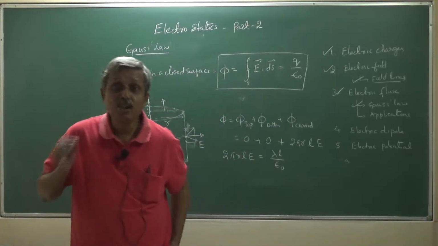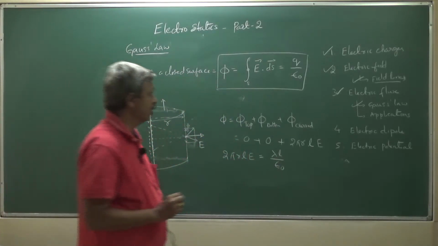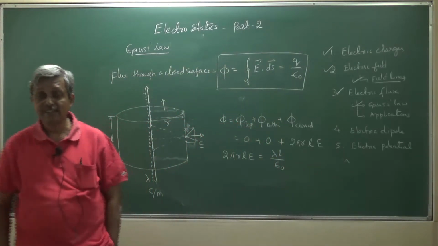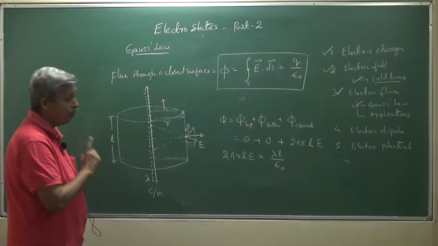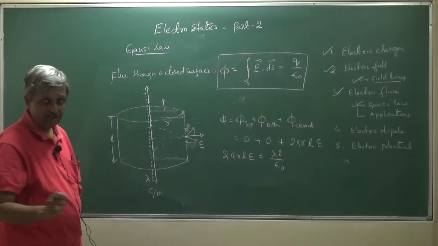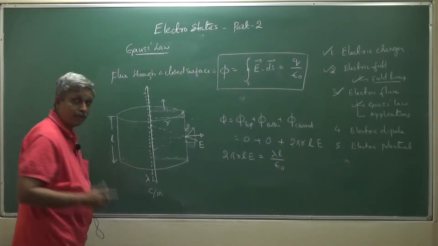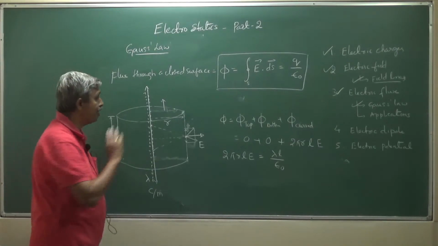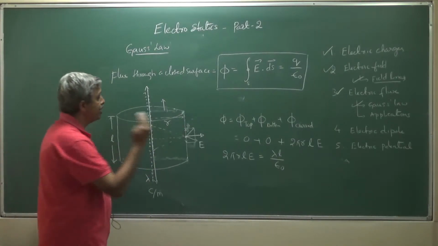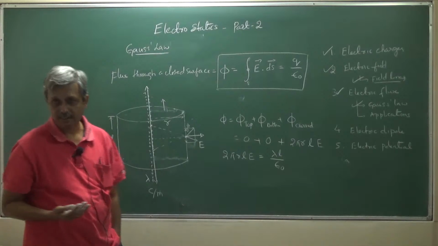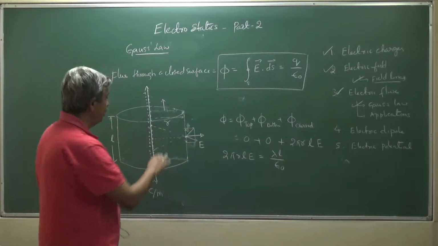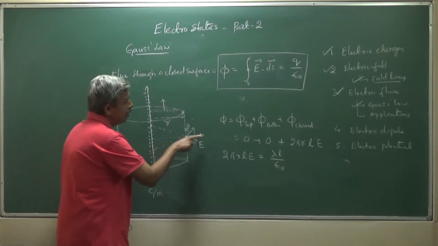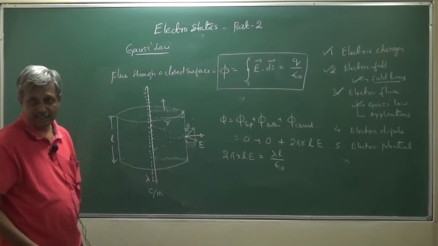So we are now able to write Gauss's law for this scenario. Please understand what we have done. Our goal was to find the electric field. So we applied Gauss's law by taking an imaginary cylinder, and we argued that the electric field is only in the horizontal direction.